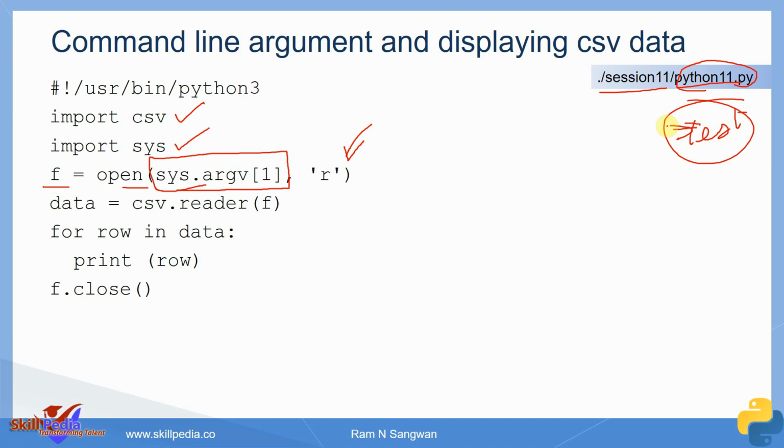So this test will go to this, and you are opening the file test in read mode and reading it now. So this test should be in CSV format because we are reading CSV format data from the file, and we are processing all the rows. For row in data, print row and close the file.